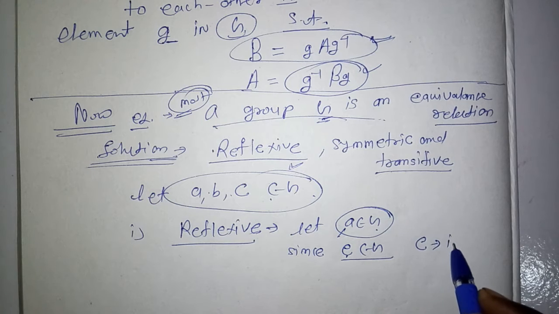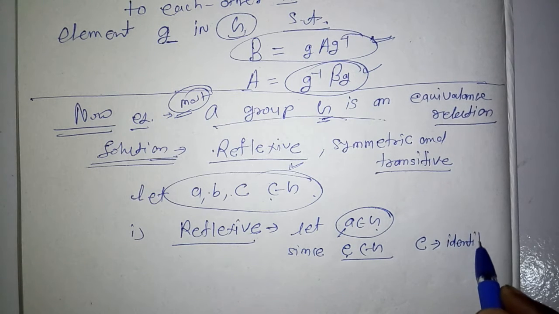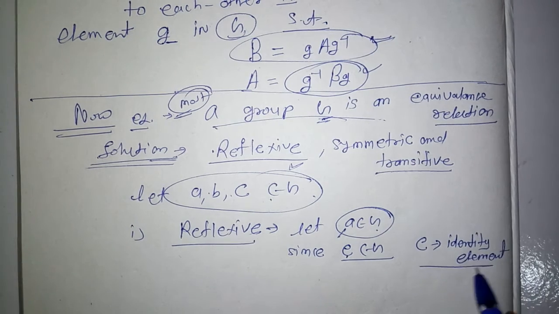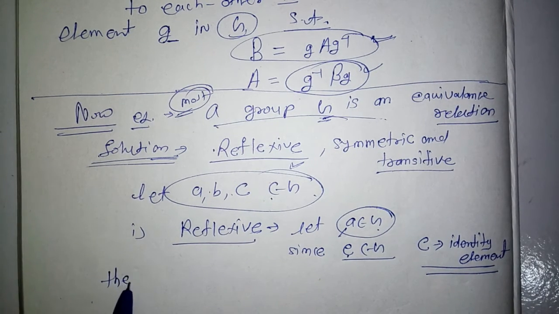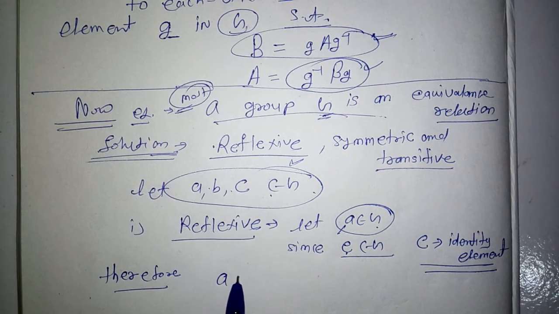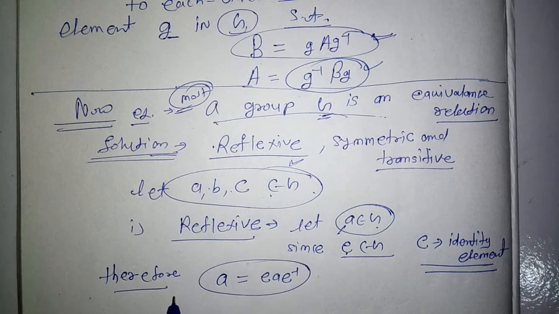E is the identity element. Okay. Therefore A is equal to E inverse. Okay. Then A.